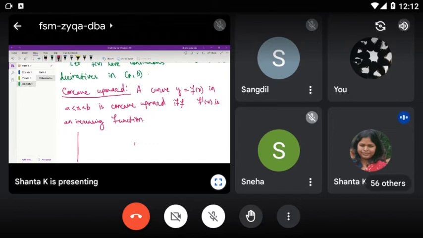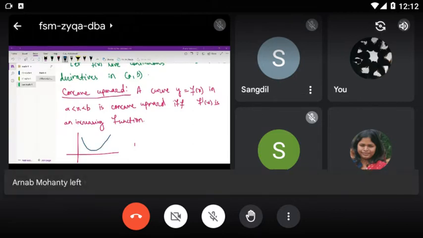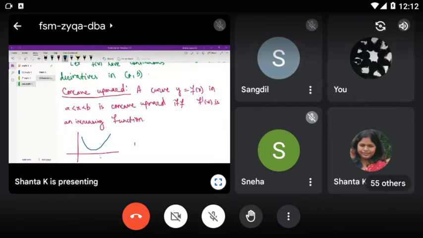Okay, so it will look like this one. Here the tangent turns like this in an anti-clockwise direction.